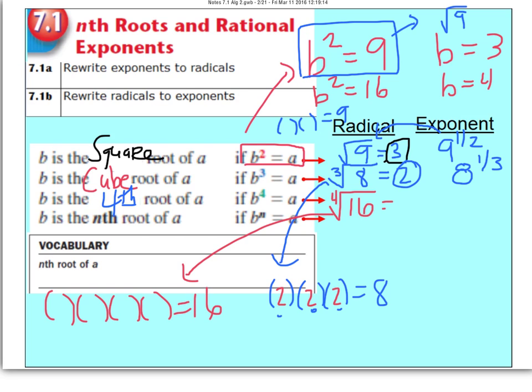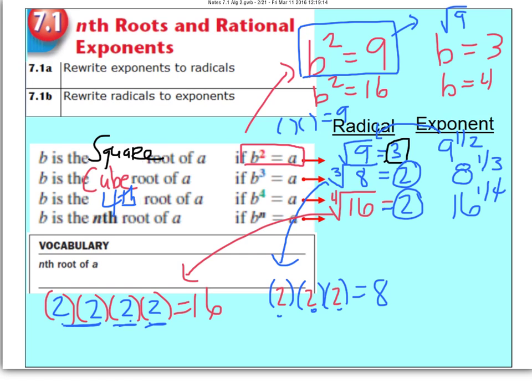You just have to stop and think. Try 1 times 1 times 1 times 1, that's 1. What's 2 times 2 times 2 times 2? Well, 2 times 2 is 4. 4 times 2 is 8. 8 times 2 is 16. So the answer here is going to be 2 again. To write that radical as an exponent, it is going to be 16 to the 1/4 power.